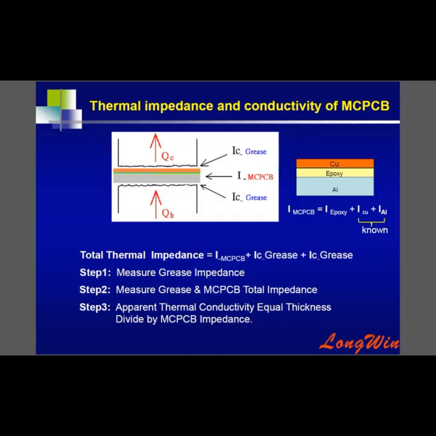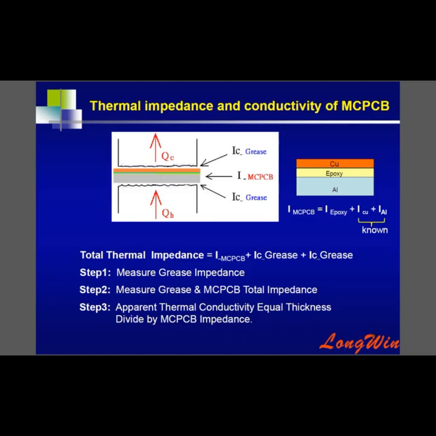And here we are going to describe further about the test method for the hot solid material. So here you can see the schematic drawing. The upper and the lower part are contact surfaces, and both are applied the thermal grease, and there are 2 contact resistances.